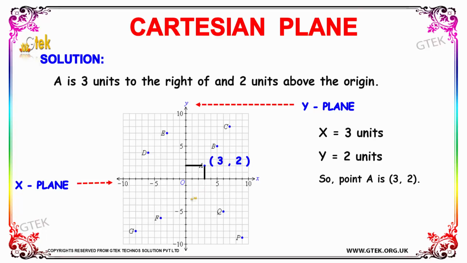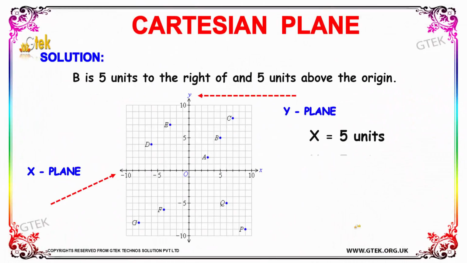So we write 3, 2. Whenever we mention a point, the x-axis comes first, followed by the y-axis, that is the y plane. So for A, in terms of x, it's 3 units. In terms of y, from 0, 1, 2, it's 2 units. So the point A is 3, 2.